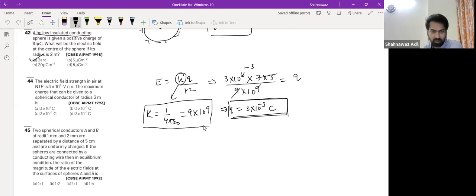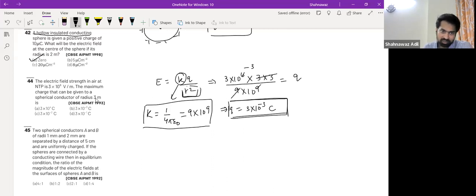Right, then Rabia, do you remember now? Yeah, but then why did we take another 3? There's only one 3 given in the question, right? So you have this R square.